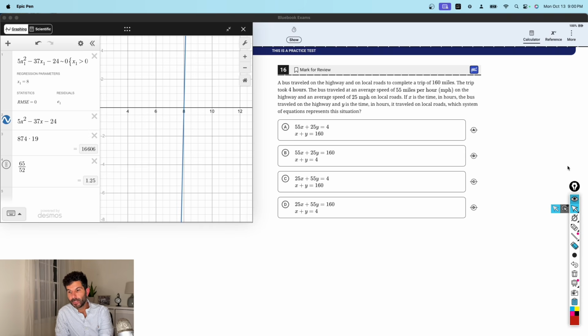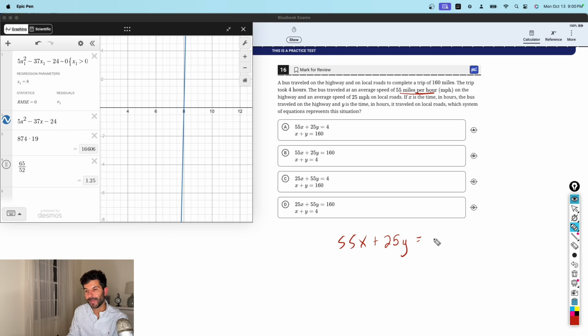Okay, so X is the time in hours the bus traveled on the highway. So I want to find out what information refers to the highway. So that's going to be the 55 miles per hour. So I like 55X. I'm going to go with 25 miles per hour on local roads. Local roads is Y. So I'm going to go with 25Y on that. Together, that would make up the total trip that we traveled.